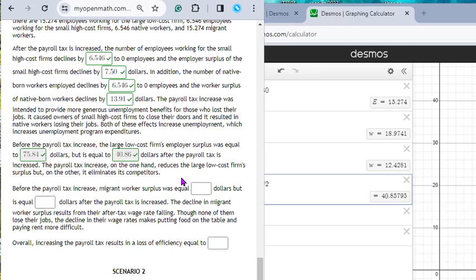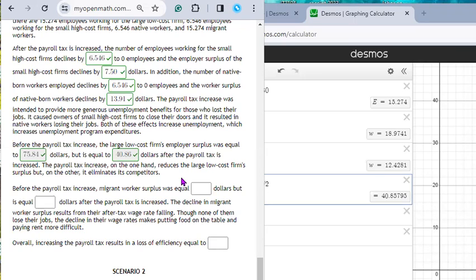Now, if its competitors were selling similar products, it eliminates the competition for workers in the labor market. If those firms went out of business and they were selling similar products to the firm that stayed in, this large low-cost firm, then it also eliminates the competition in the product market, right?